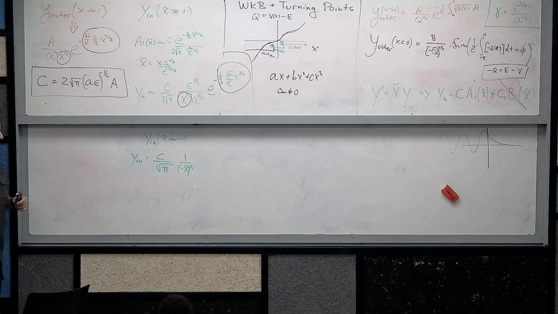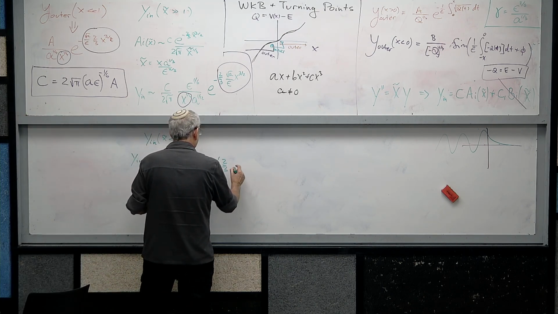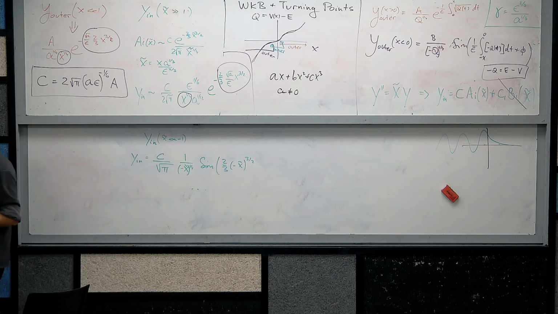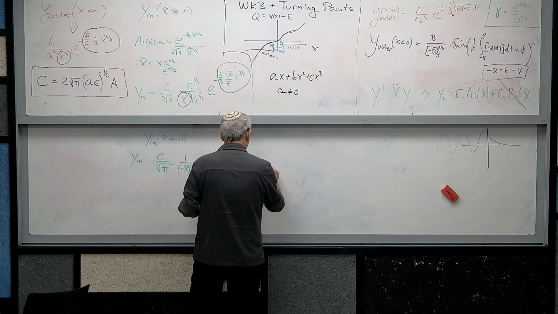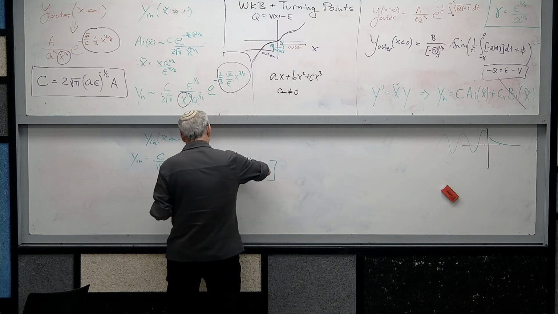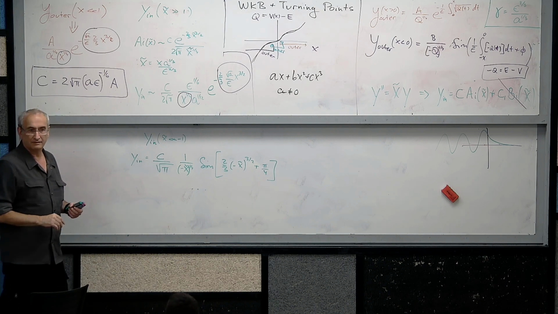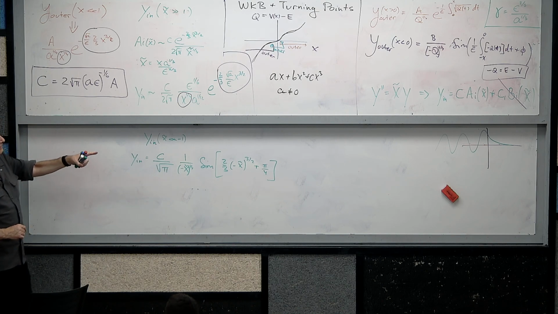And I have sine of 2/3 minus x tilde to the power of 3/2 plus pi over 4. Okay? And we have to do this after replacing the x tilde by x according to the prescription we already have.